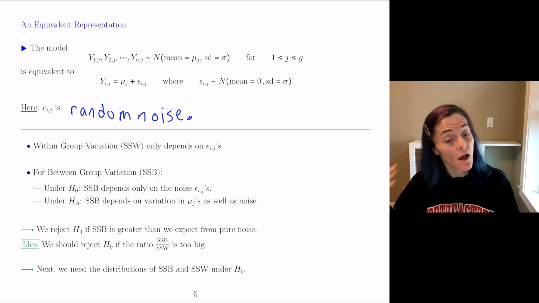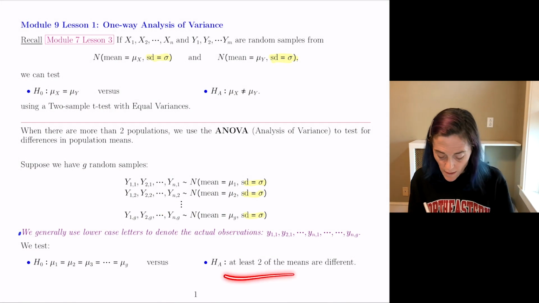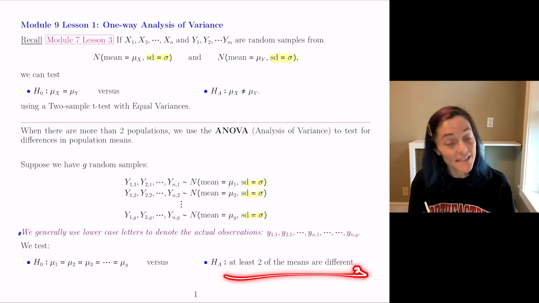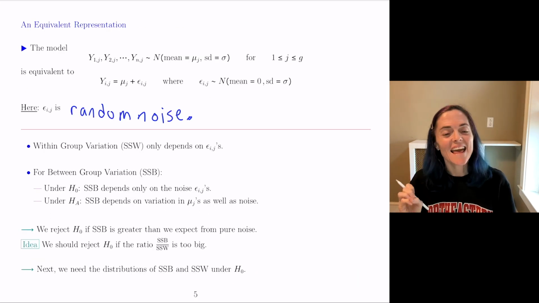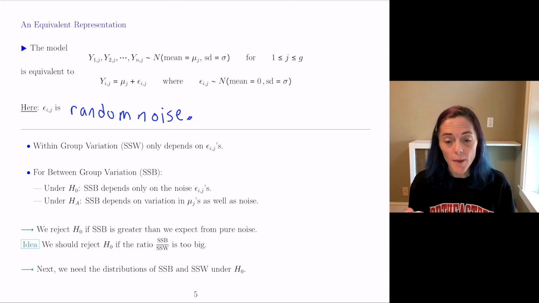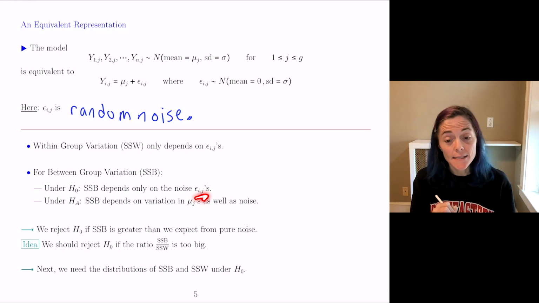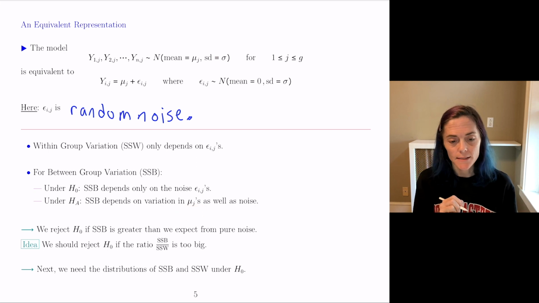However, under the alternative hypothesis, let me go back to the first page, where at least 2 of the means are different, then the sum of squares between, or between group variation, depends on the noise, the epsilon ij's, as well as the mu sub j's, the means.